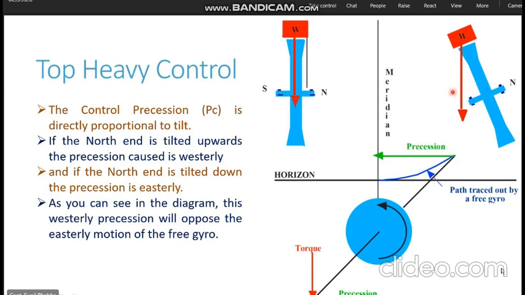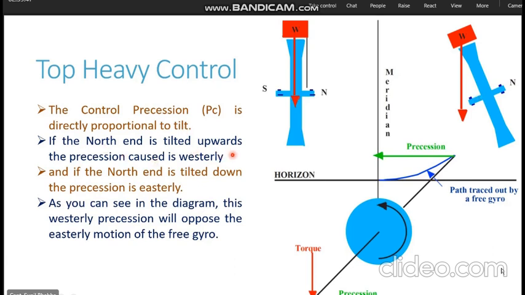So the lever is becoming more and more as the tilt increases, telling us that the control precession which is generated is directly proportional to tilt. This is a very important relationship which we will be using in our further understanding of the gyro compass.